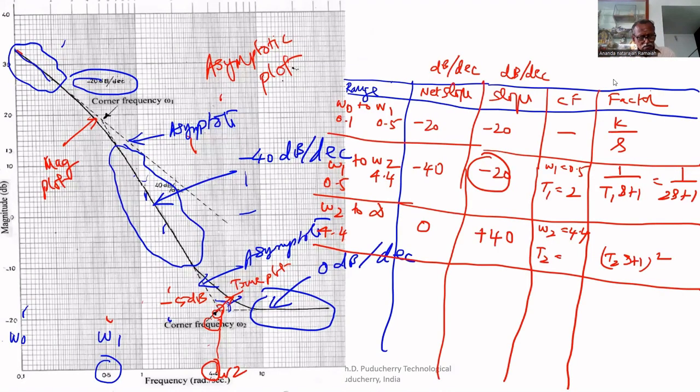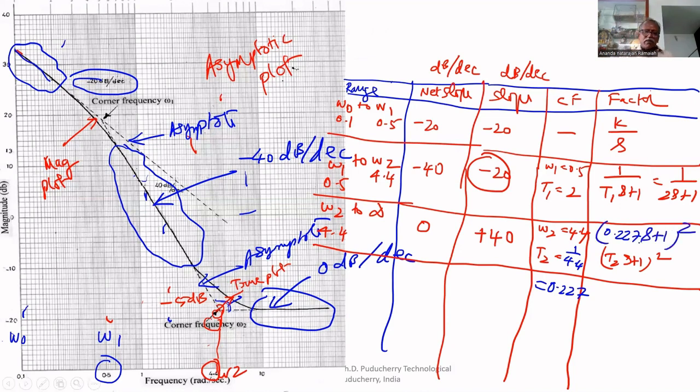Yes, repeated pole. It is not equal to 1 by 4.4. That is equal to 0.227. Therefore, (0.227 s plus 1) whole square.